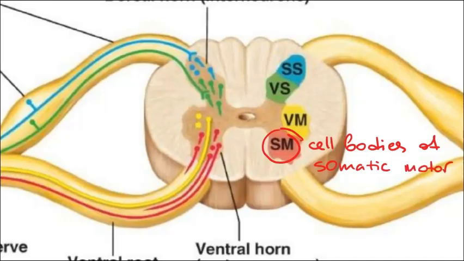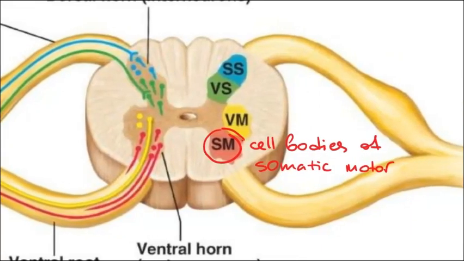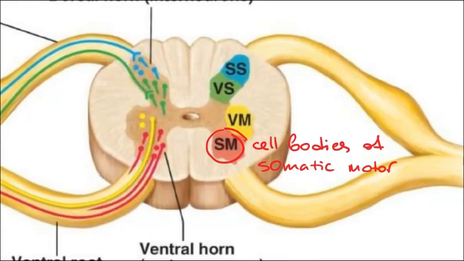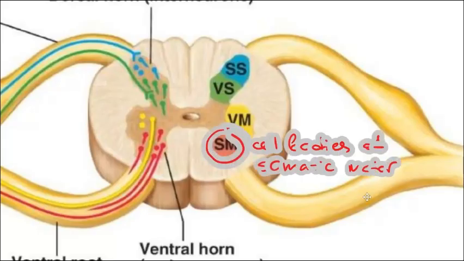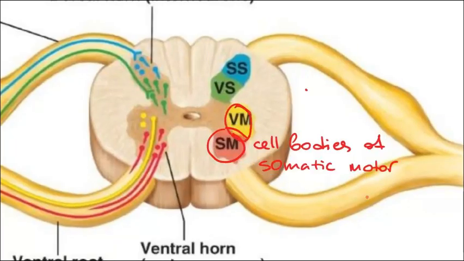The word somatic, what does it refer to? Somatic motor neurons, what do they control? Say again? No, the opposite. Voluntary, so skeletal muscles, right? Your lateral horn contains cell bodies of visceral motor neurons, which control your involuntary responses, anything from heart to glands.